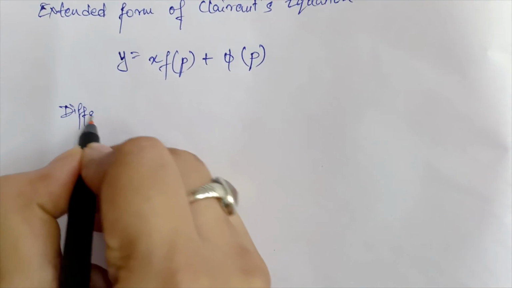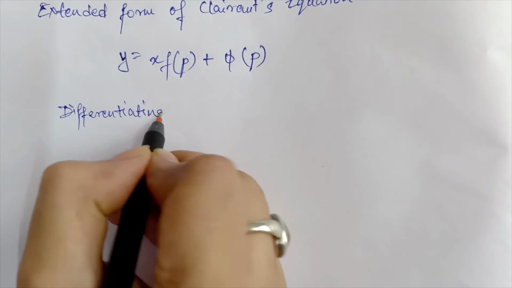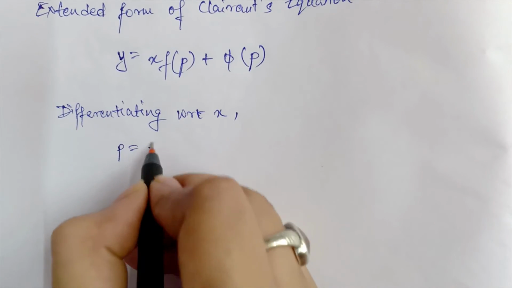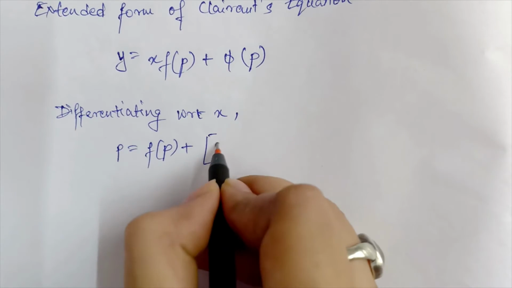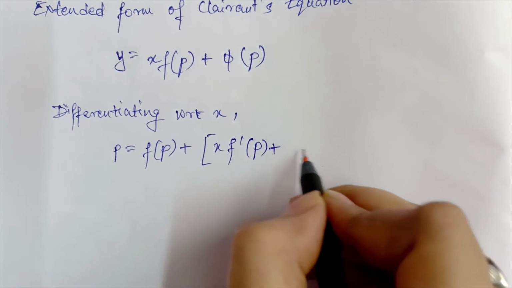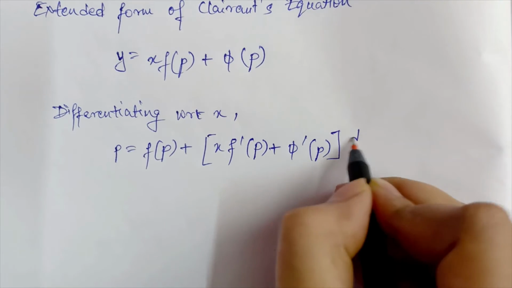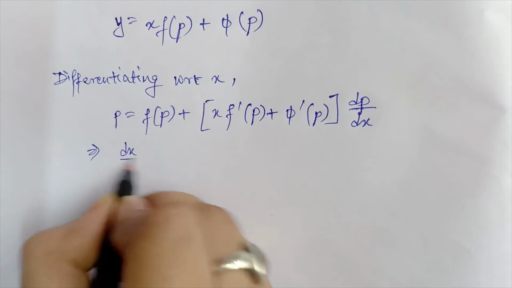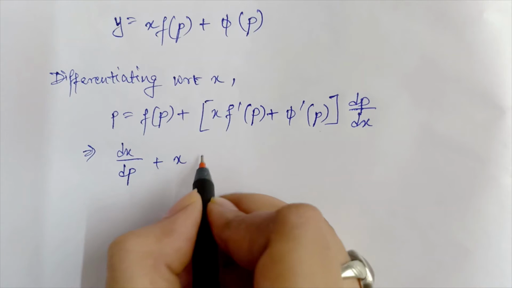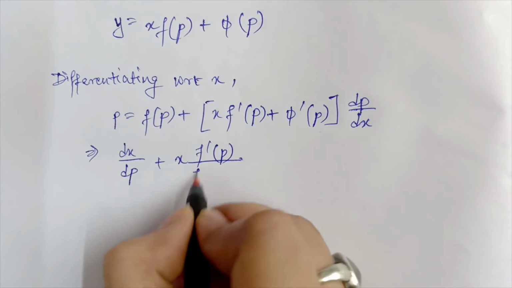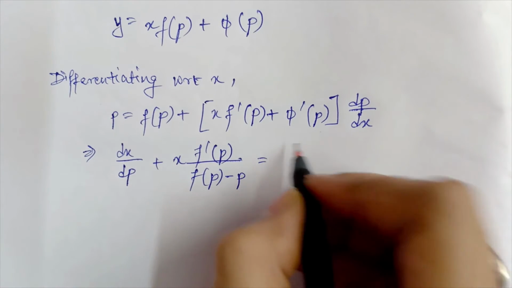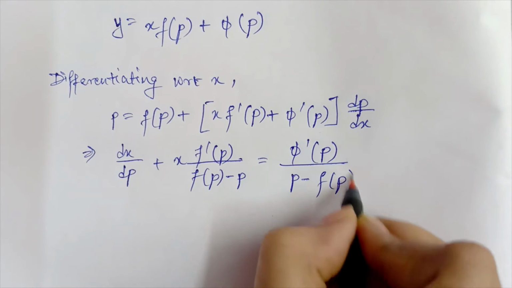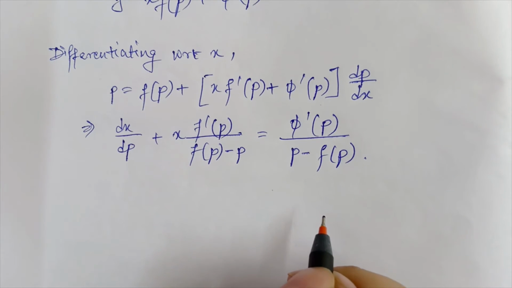Now differentiating this with respect to x, we obtain p equals f of p plus x into f dash p plus phi dash p into dp by dx, or dx by dp plus x into f dash p by f of p minus p equals phi dash p by p minus f of p, which is linear in x.